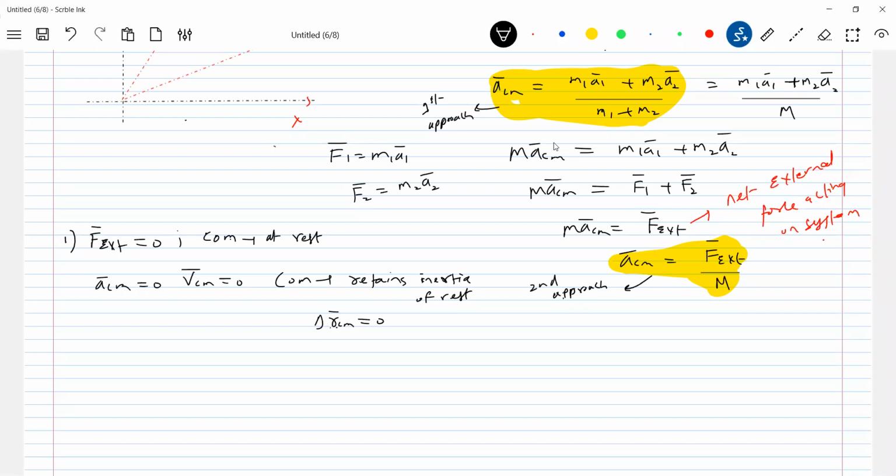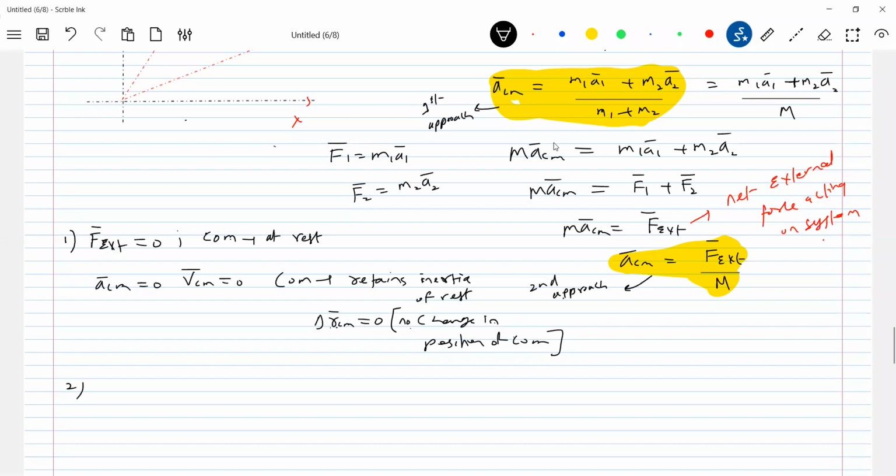Change in position of center of mass will be 0, or no change in position of center of mass. You have almost around 20 numericals on the first condition I have put. So what you have to do, you are supposed to identify in a system whether net force is 0 or non-zero.